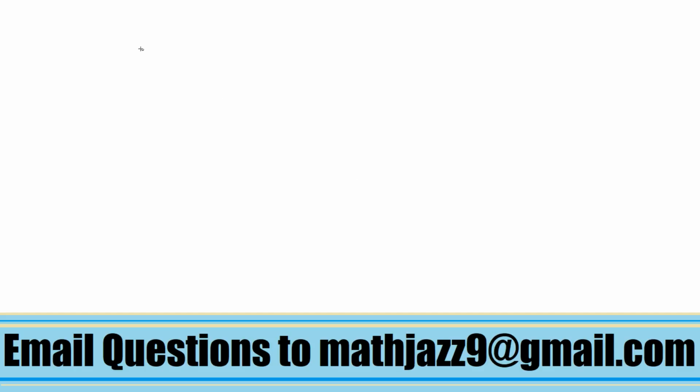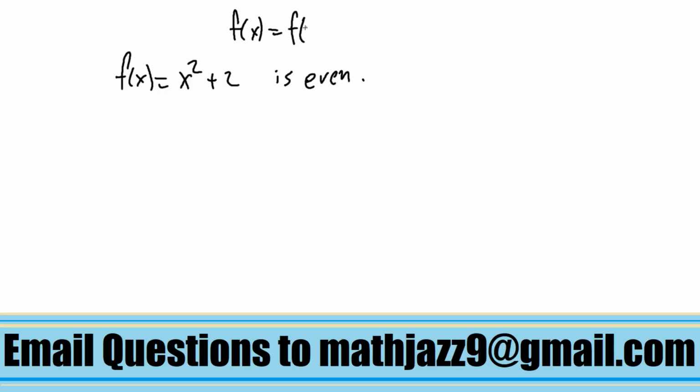Okay, so let's give an example of the first one. f of x equals x squared plus 2 is even. How do we check that? Well, the definition was f of x equals f of negative x for all x.